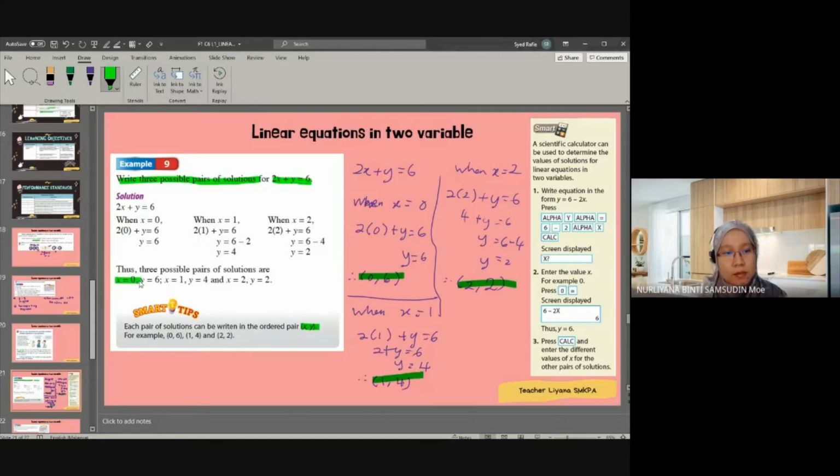But it is best if you write like this, with less confusion between you and the examiner: when x is 0, y is 6; x is 1, y is 4; x is 2, y is 2. So it's more straightforward, right? Here I have put tips for using a scientific calculator. You can try.